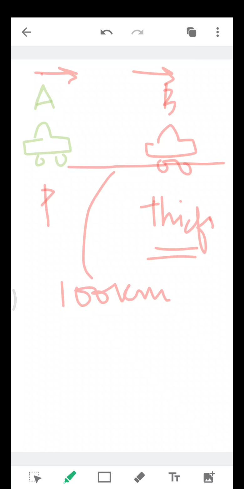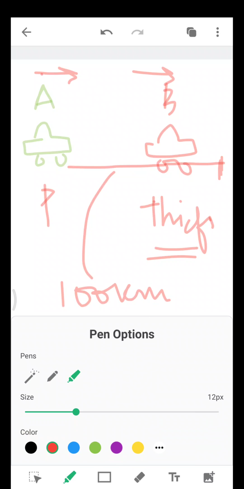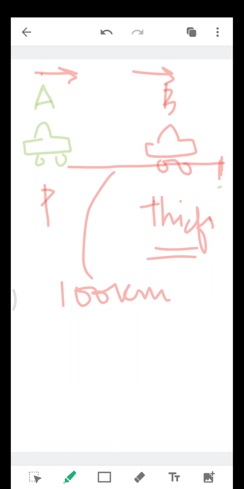So they caught the thieves at point C, somewhere at point C. So who should be faster in this according to you? Police should be faster to catch the thief, or not? Yes, so police has to be faster because they are already 100 km apart.